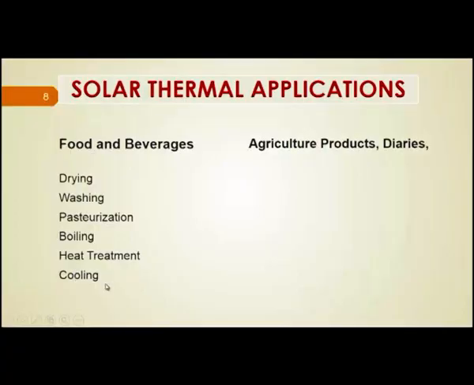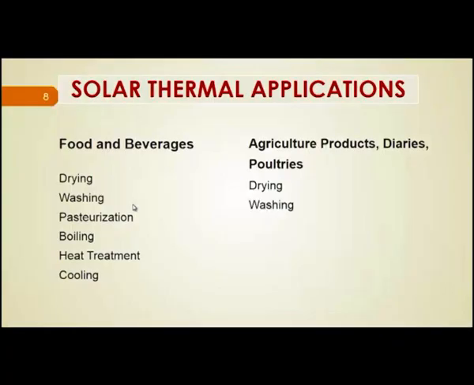We use all these processes for agriculture products, dairies and poultries. For agriculture products also we need drying, washing, sterilizing and cooling. These are the solar thermal applications in different processes.